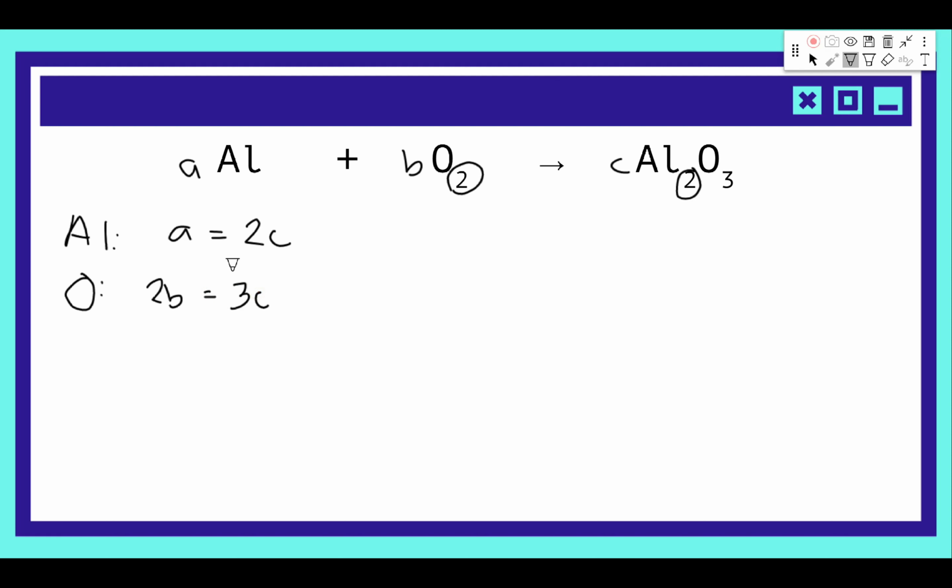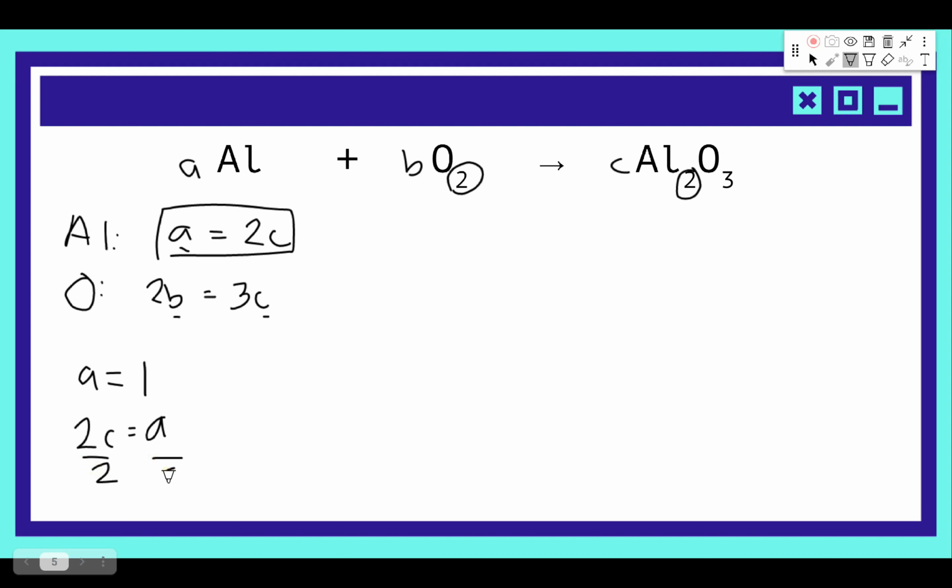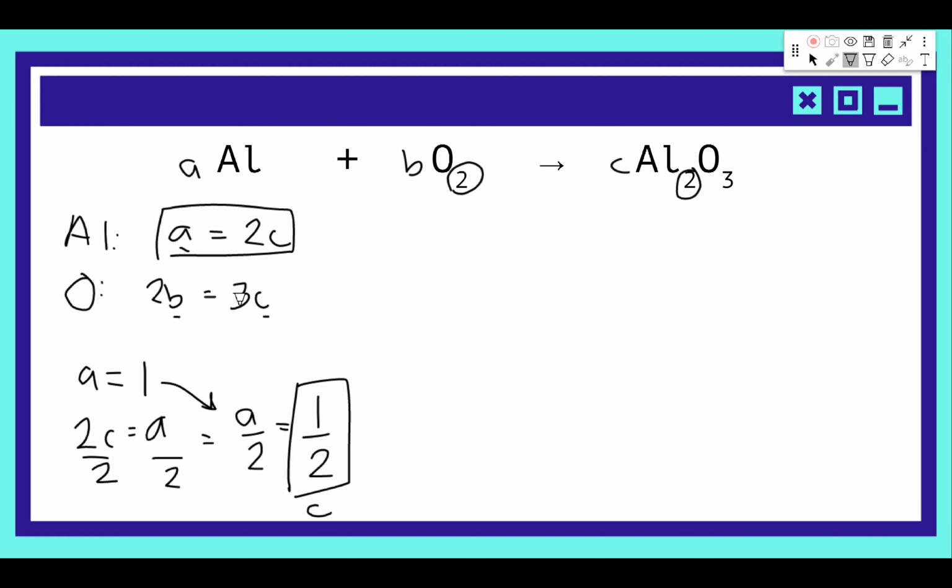Now I have all the coefficients, A, B, C. I can now get the values. Let's assume A is equal to 1. We can solve for C using this equation. 2C is equal to A. Divide this by 2. We will get A over 2. And A is 1. So C is equal to 1 half. Then we can now get B. 2B, this equation, is equal to 3C.